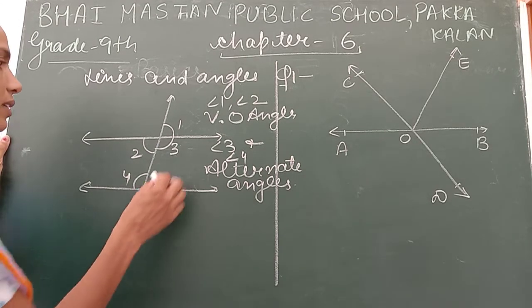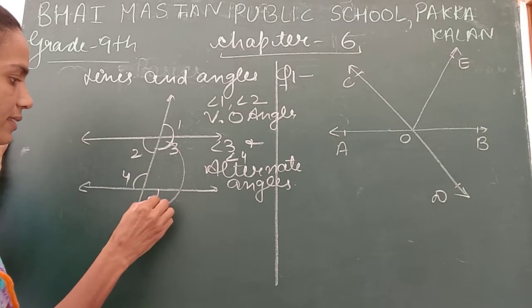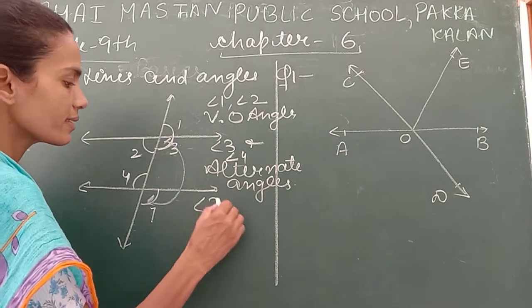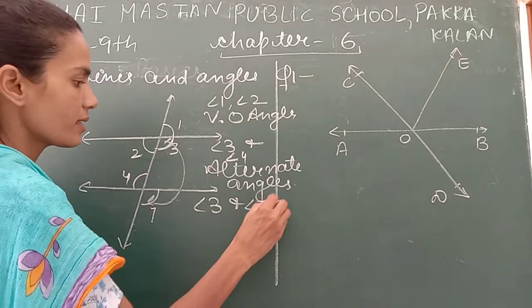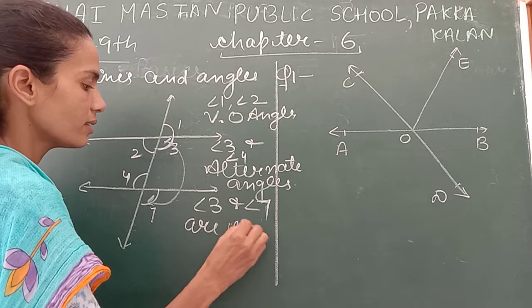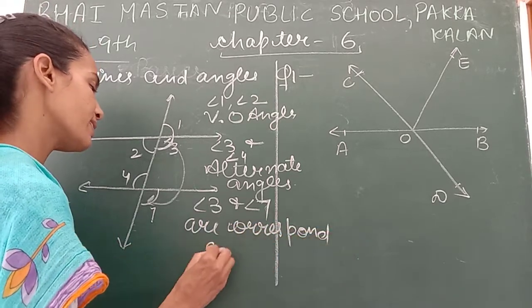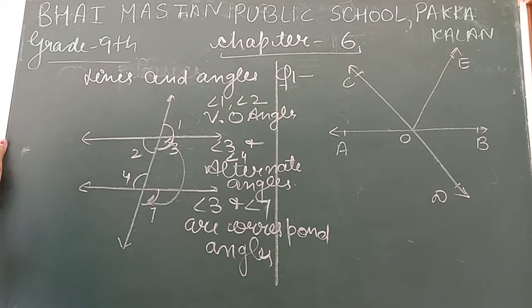And next, angles 3 and 7 are corresponding angles. Is it okay? Clear?